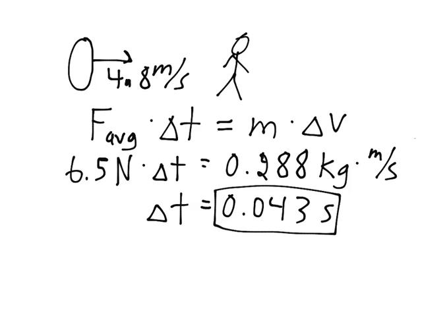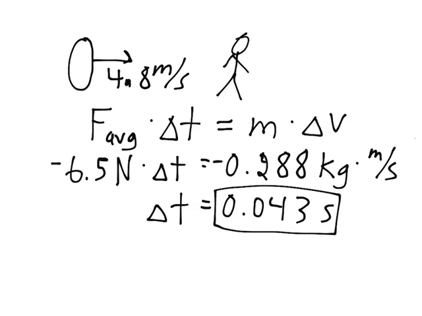Okay, so hopefully you paused the video and were able to work out this problem. You may have noticed that since we're trying to find the change in time, this time the right-hand side of the equation, which is the change in momentum, is actually the same from the previous part, since what the egg is doing is still starting at 4.8 meters per second and then coming to a rest.